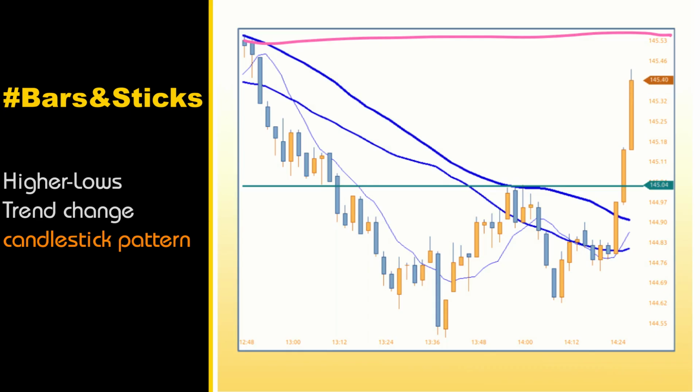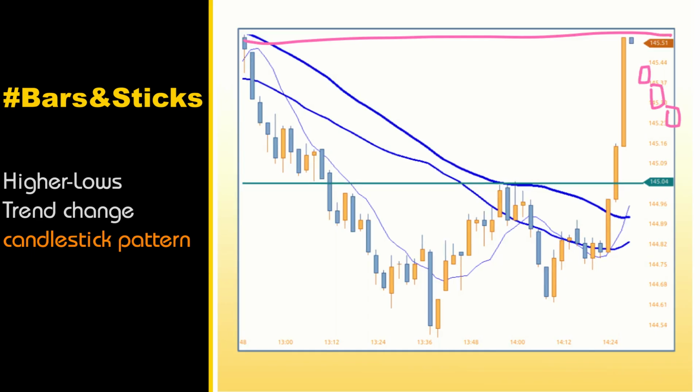Now I'd like to focus a little bit more on what happens if it goes the other way. Now notice the size of these bars. They're just moving straight up. If this were to make a down bar, and another down bar, and another down bar, that wouldn't be bad either.